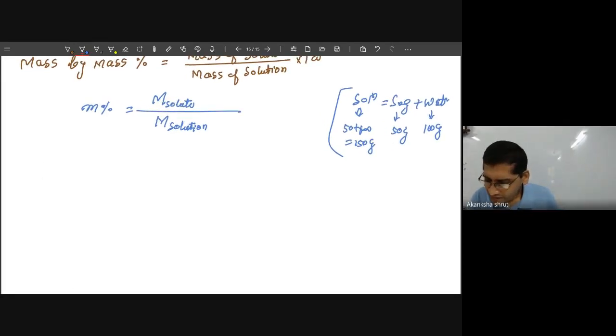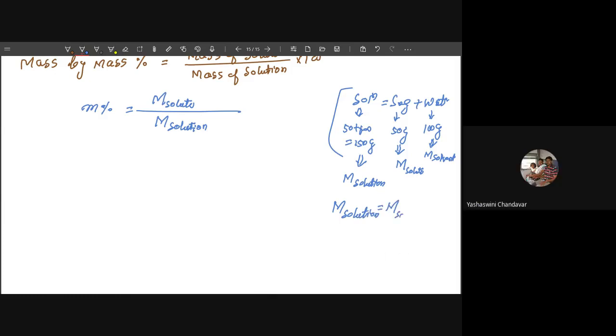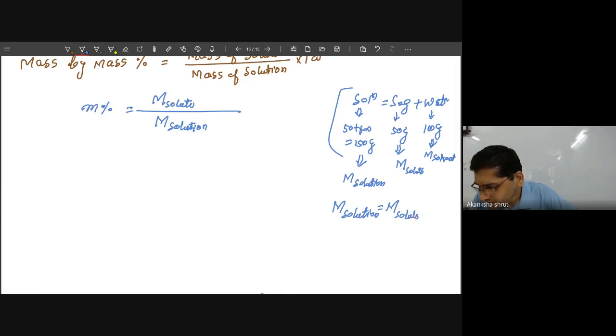Okay, student, so this is denoted by M of solute. This indicates M of solution, mass of solution. So how are we getting the mass of solution? Mass of solution is equal to mass of solute plus mass of solvent.